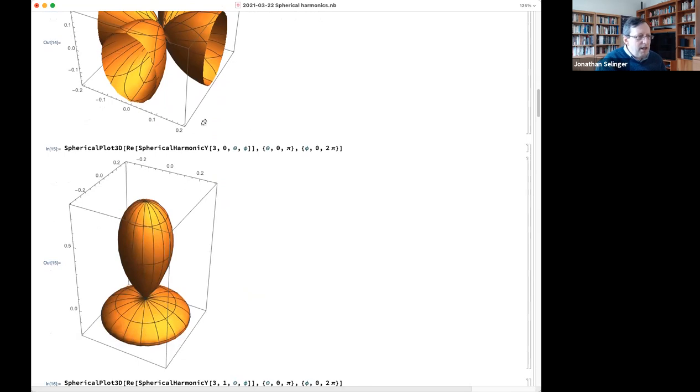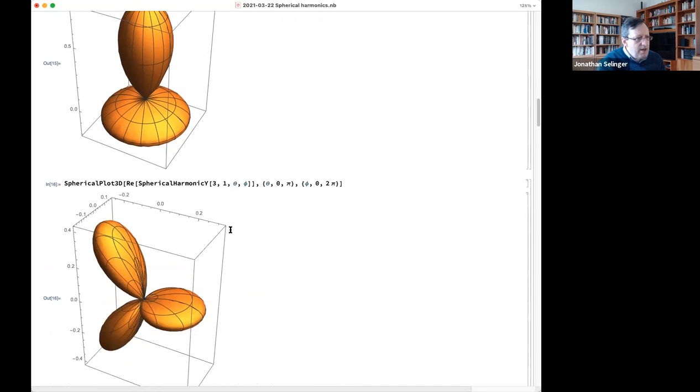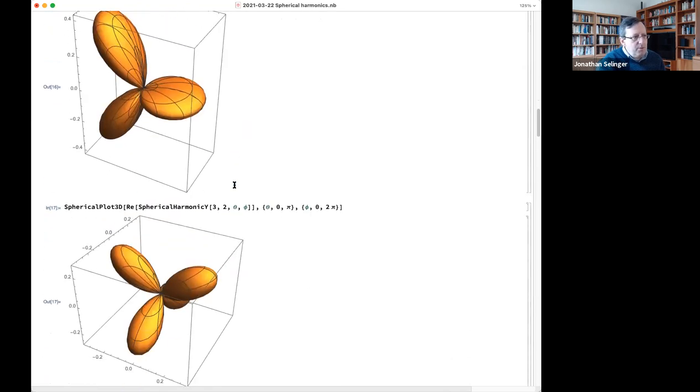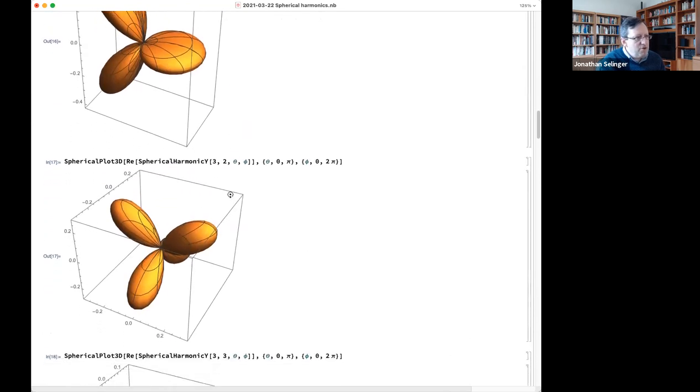What about L equals 3, right? Well, here's 3, 0. And so, you know, it sticks way up in the plus Z direction, not so much in the negative Z direction. Here is L equals 3, M equals 1, which has more of a threefold symmetry.